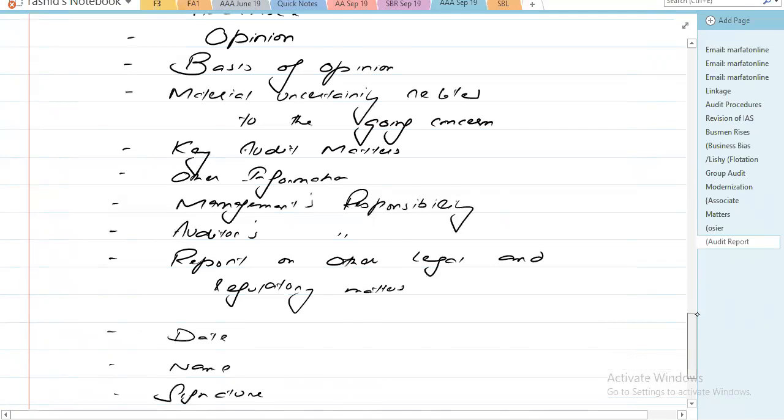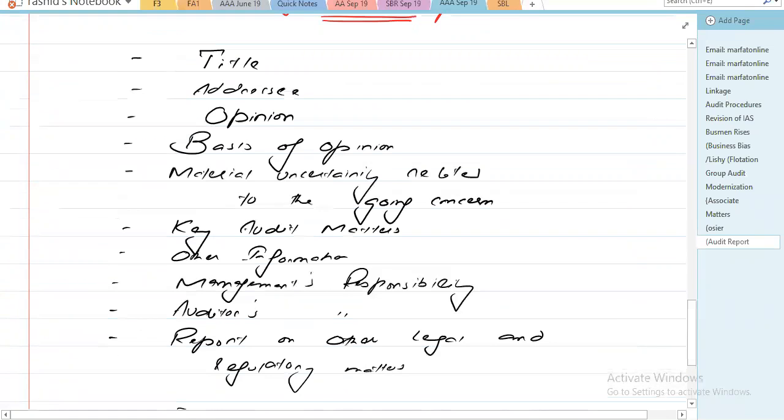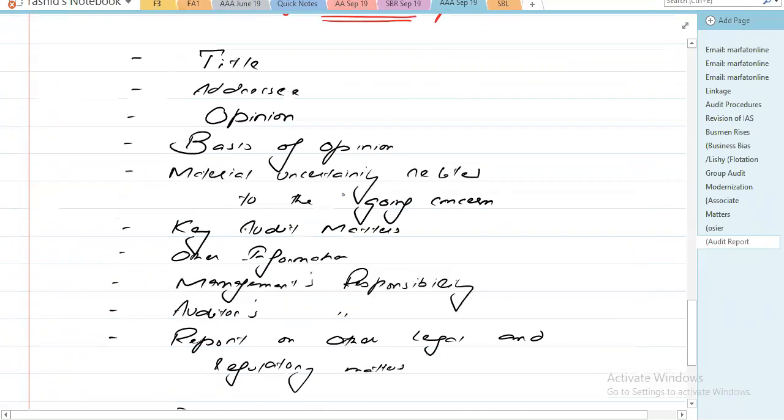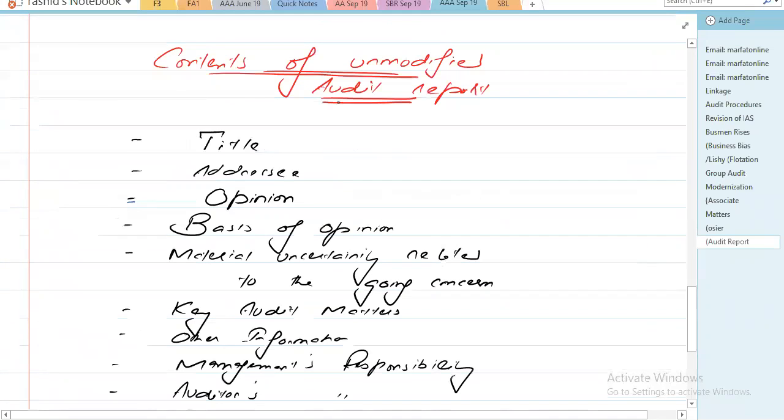But we are more concerned with the main headings rather than discussing the date and things like that. So our main headings start from here, because these are the contents of the unmodified audit report.